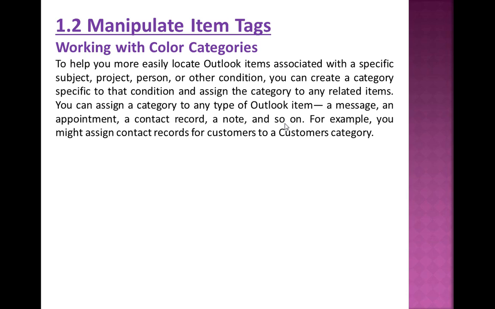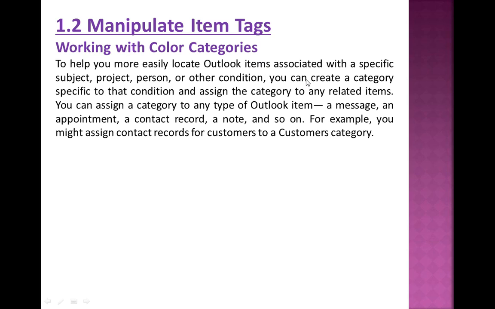Now, next is 1.2, how to manipulate item tags. It means how to manipulate the tags or items that are available in Outlook 2010. Manipulation means how to use the item in a different category like normal, high, low priority. The first one is working with color categories to help you more easily locate Outlook items associated with a specific subject, project, person or other condition.